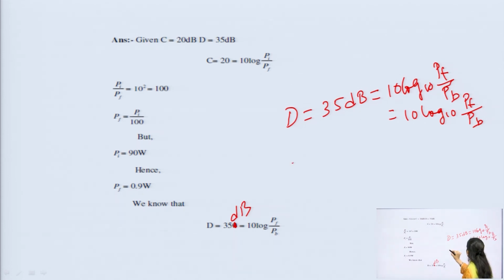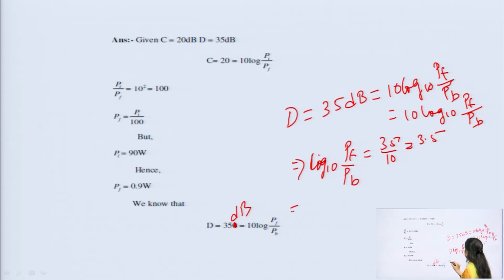So, 35 dB. So, first thing, log to the base 10 Pf upon Pb is equal to 35 by 10 is equal to 3.5. Now, Pf upon Pb is equal to 10 to the power of 3.5.